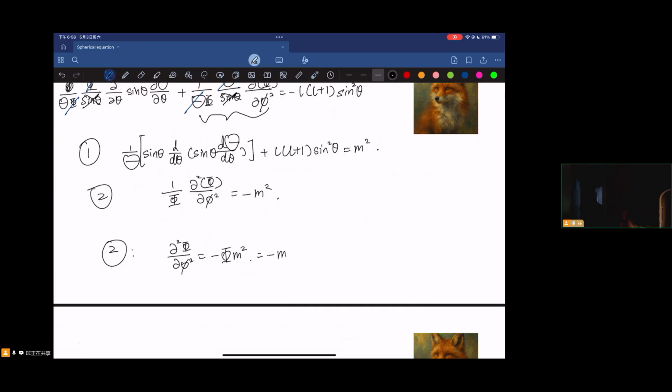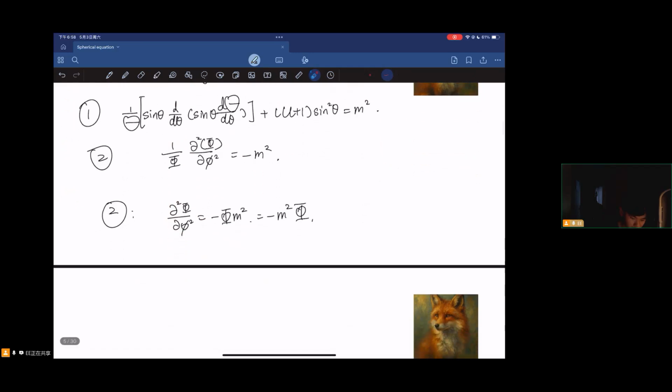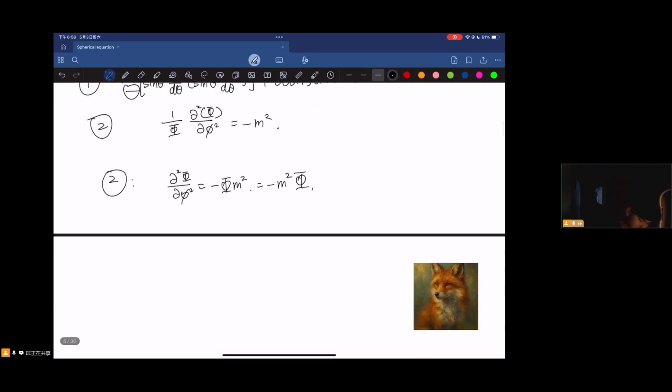Or let me write it in this form. Okay, this looks very familiar. This is actually a second order differential equation, very classical, which has a general solution of this.